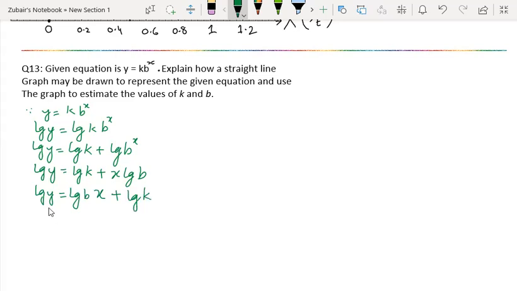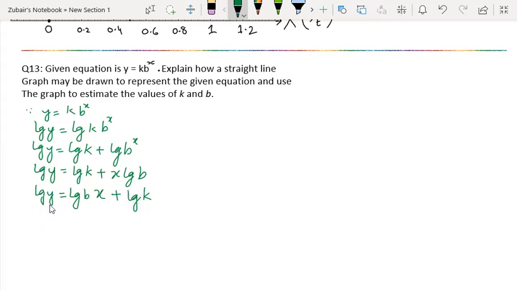Right? So now you can see that Lg y can be considered as capital Y and x can be considered as capital X. Lg b will become small m, meaning gradient, and Lg k can be represented as C, meaning y-intercept.